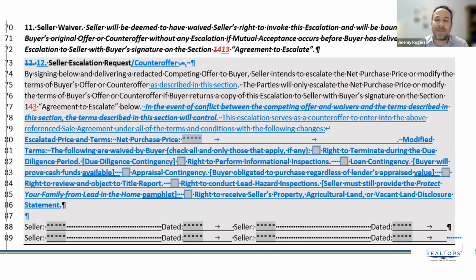So essentially the buyer is inviting the seller to counteroffer based upon the terms of the escalation and the competing offer. The seller is then doing that, and then the buyer is ultimately agreeing to the final price and terms. So there's some back and forth, but it's always initiated by the buyer. Hopefully that makes sense.